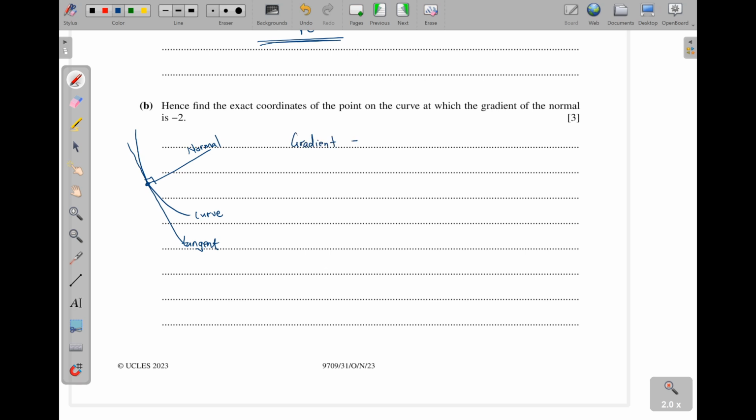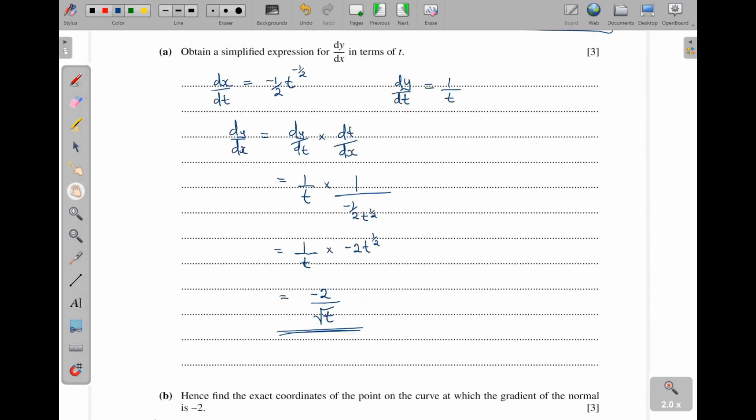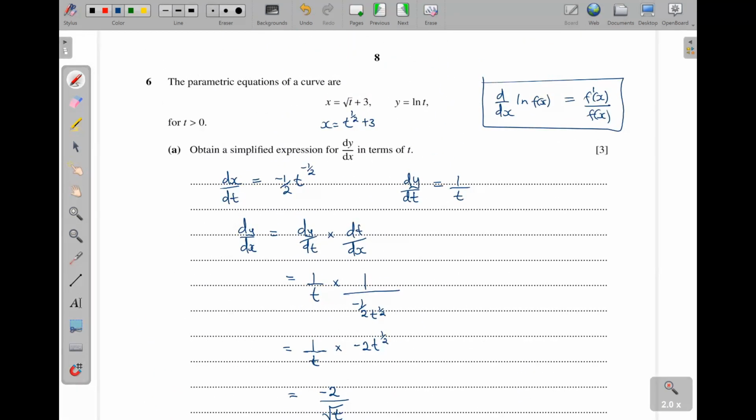since these two are perpendicular, it is going to be gradient of normal is going to be equal to negative 1 out of gradient of the tangent, which gradient of the tangent we have gotten as negative 2 over root of t. Oh, by the way, excuse me, up here, the power here is a positive. So this one here is supposed to be a positive there.